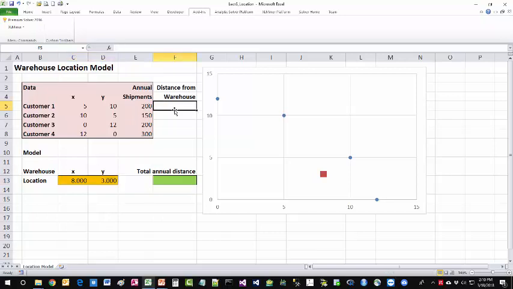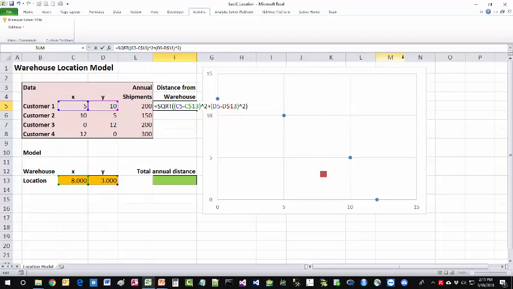Okay, so to calculate that, we need a square root of the difference, in parentheses, between the customer x coordinate minus the warehouse x coordinate, where the warehouse has to be clearly fixed, and that's squared, plus the same thing for the y coordinate. Again, don't forget to lock the coordinates of the warehouse.